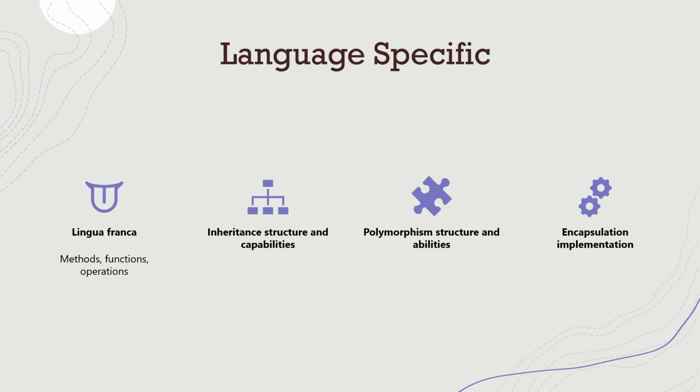The same goes for polymorphism and encapsulation. While they are shared among almost all languages, their working and implementation can be quite different from one language to another. So I strongly advise you to consult the language documentation in order to learn the language-specific lingua franca and language-specific structure for implementing inheritance, polymorphism, and enforcing encapsulation.